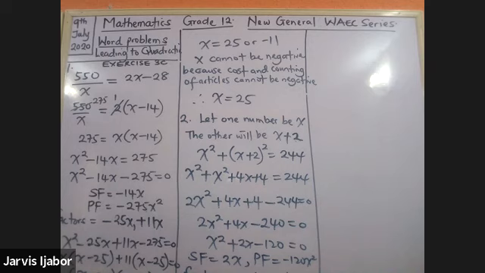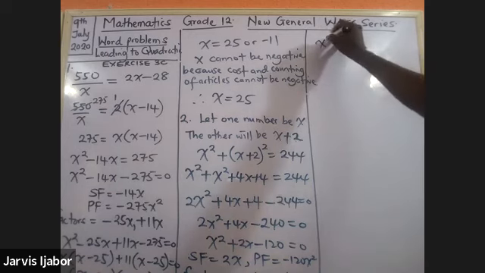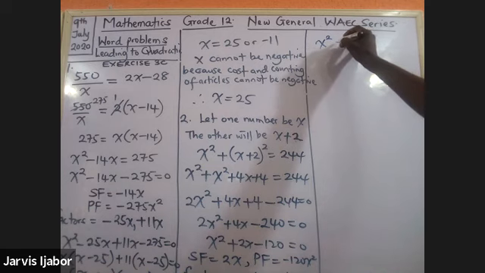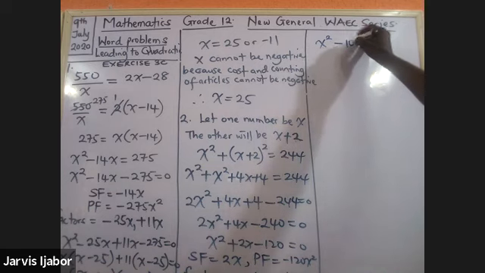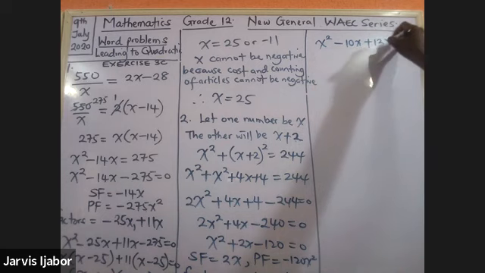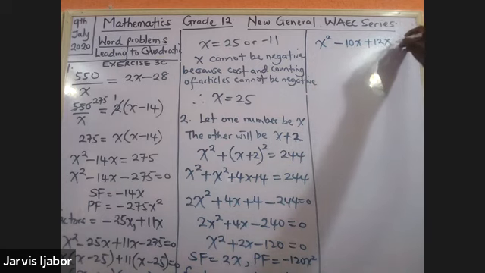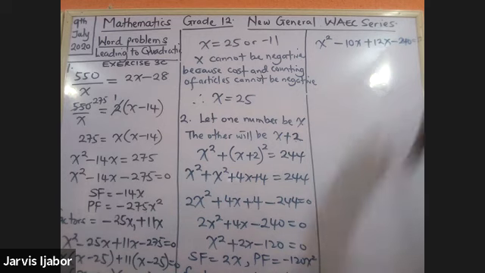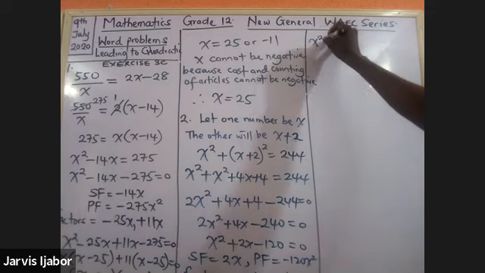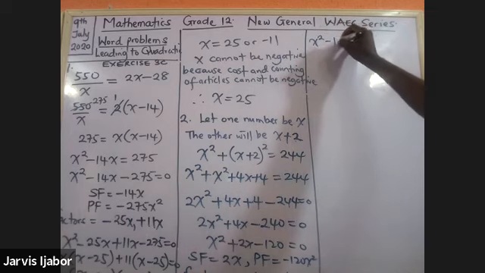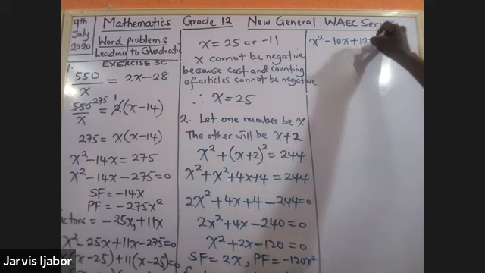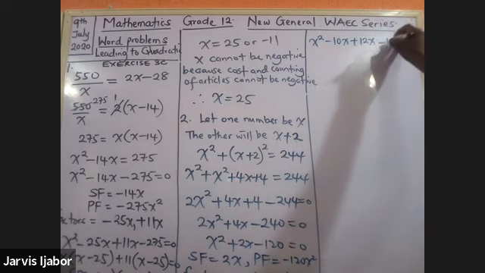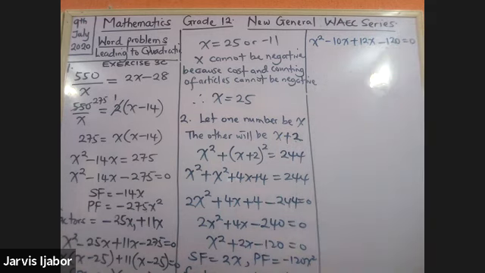So with this one, what I'm going to have will be x squared minus 10x plus 12x minus 120 equal to 0.